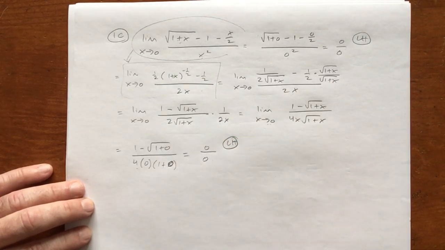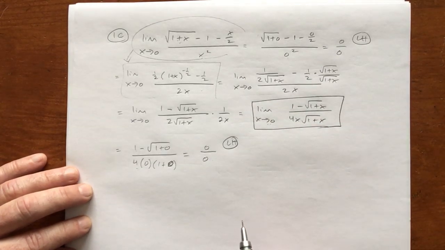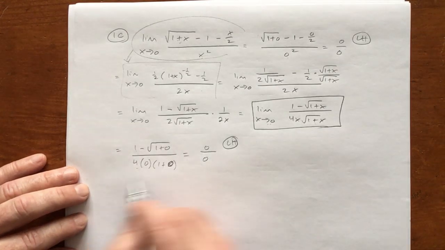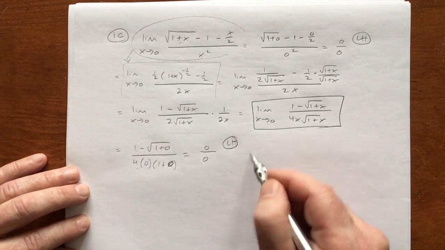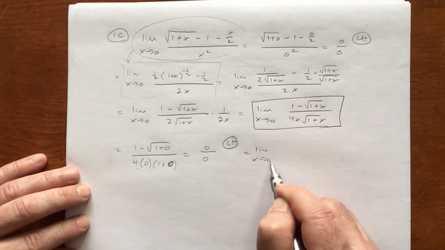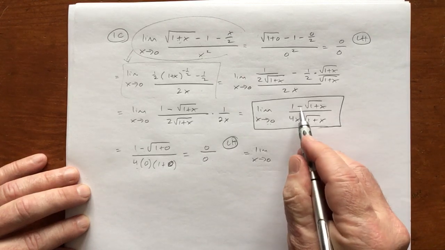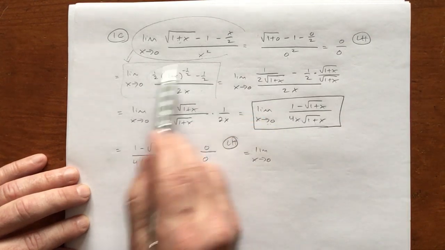So I want to find the simplest form that I had and apply L'Hopital's to this step right here. So once again, I'll start it again right here. This is then equivalent to the limit as x goes to 0, the derivative of the top, so I have 0 and then minus that again.